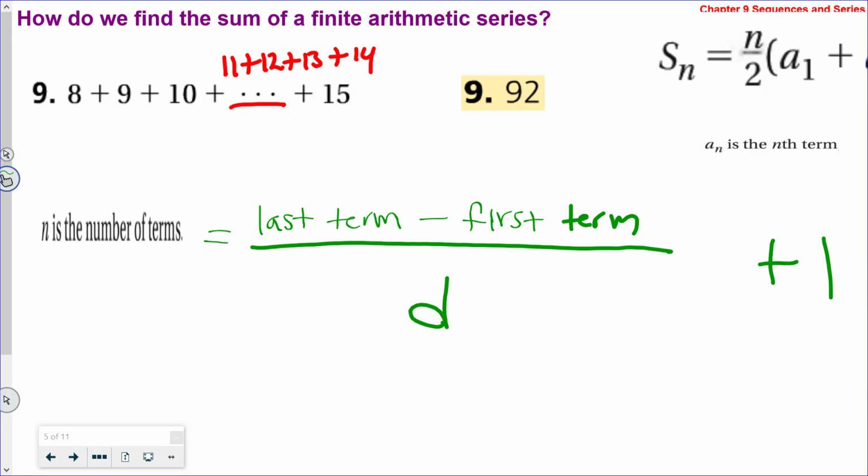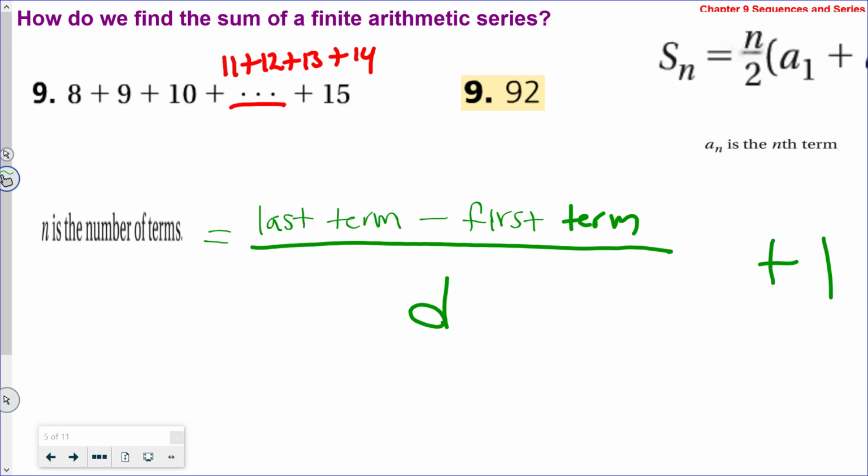Please write that down. You will need to know that in the cases when the number is 1,000, 2,000, or some large number. So Maria G, thank you for asking that question. You are using your brain. Last term minus the first term divided by the common difference plus 1.